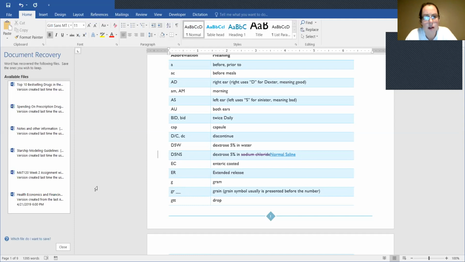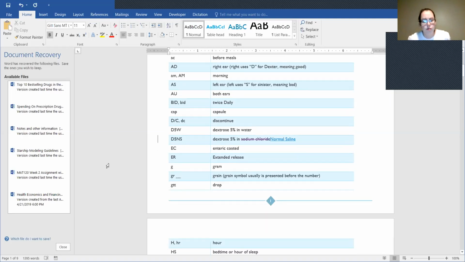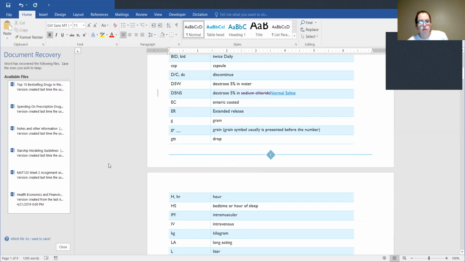If a doctor were saying 2 drops in each eye, he would say 2 GTT OU, O being the eye. And then he'd give you a number of doses per day. So that's how they would use that.